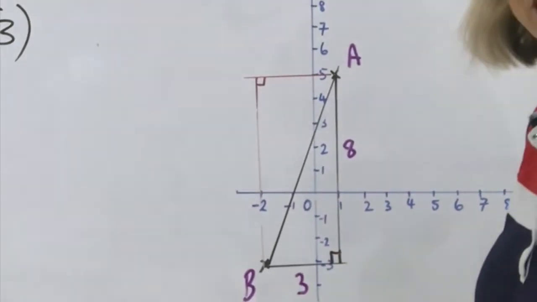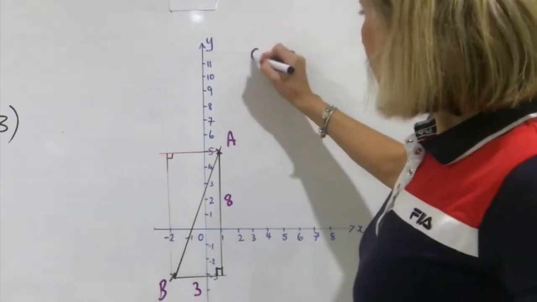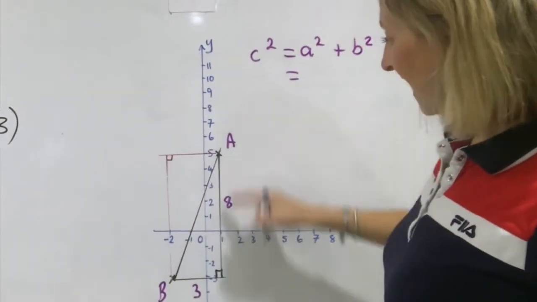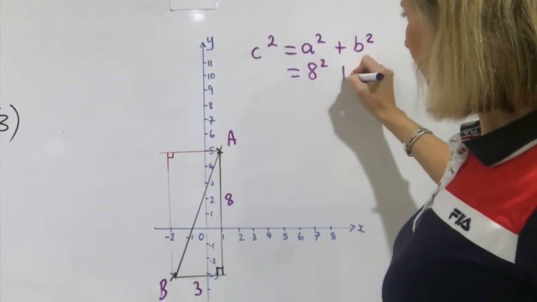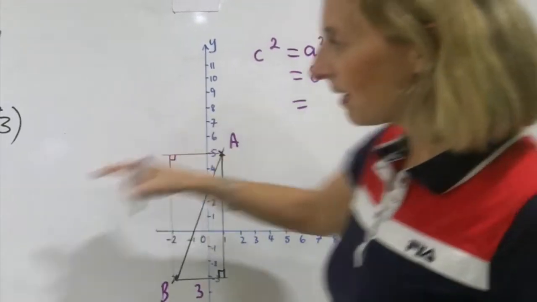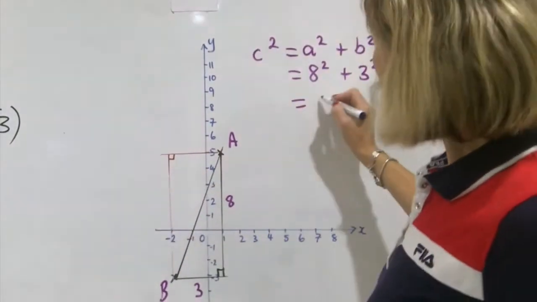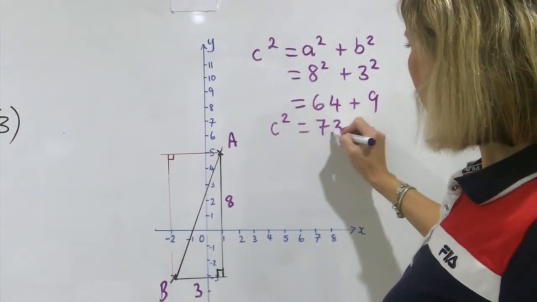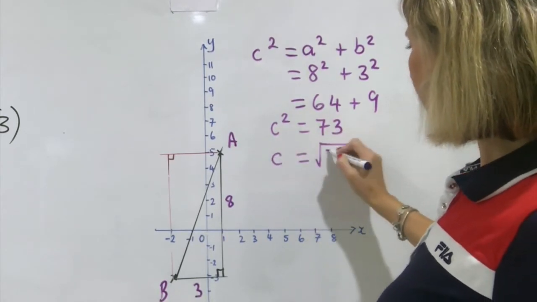And then I can use Pythagoras. C squared equals A squared plus B squared. 8 squared plus 3 squared, which of course are the same numbers that we got in there. 64 plus 9. So C squared equals 73, and c equals the square root of 73.